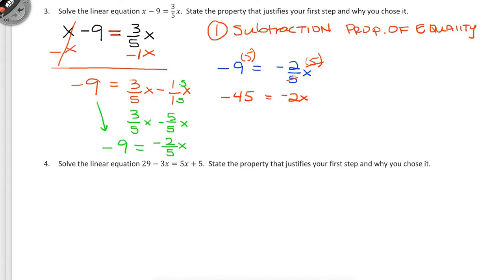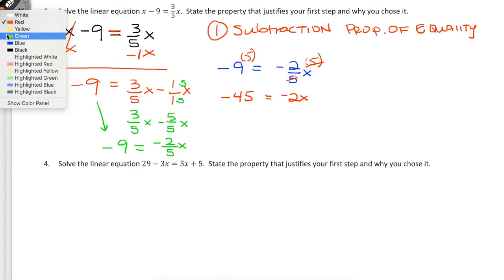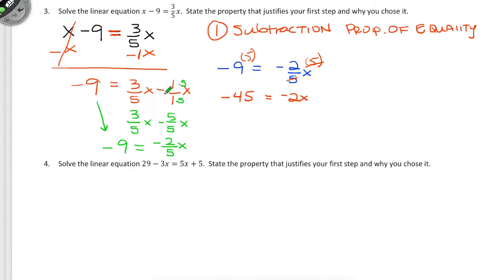And so this is saying -2 times what gives me -45. So when I go ahead and solve this, I'm going to divide by -2 to both sides. My -2's cancel. And I get 2 goes into 45. Well, it would be a decimal.